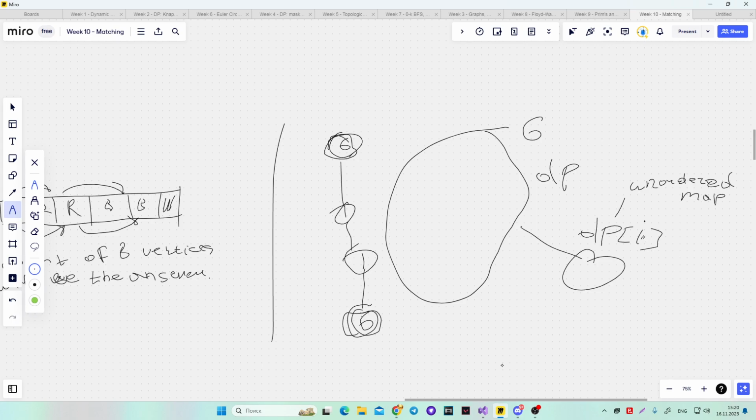Okay, e is dp e. What will be dp e? The answer, the maximum cost of the first e vertices considered in the DFS.